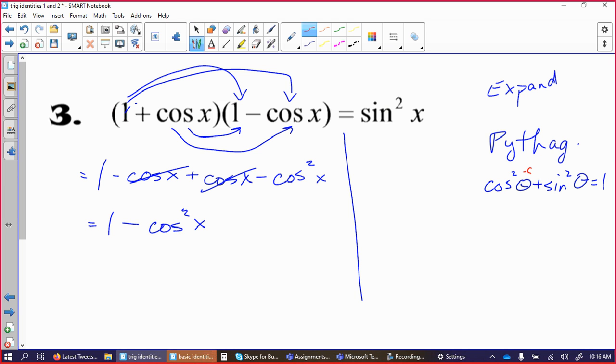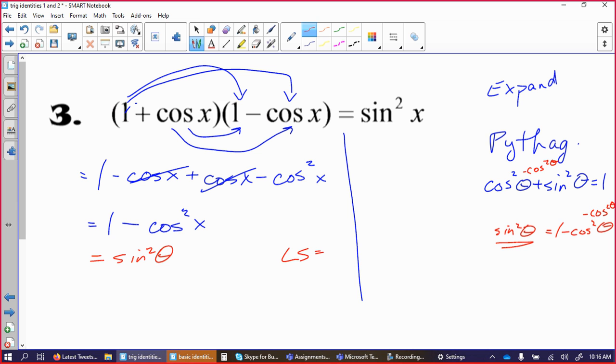I can subtract and say sine squared theta is 1 minus cos squared theta. Therefore, I can take this and put it over here.